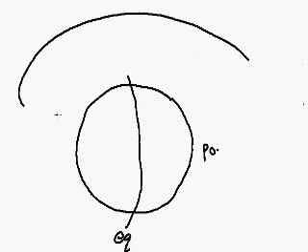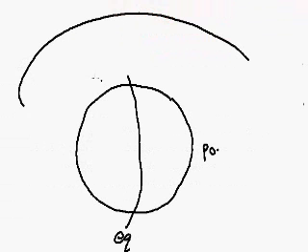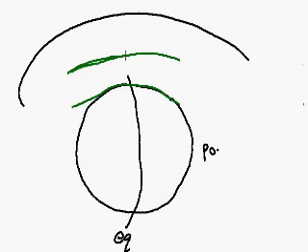Now, what is the concept we saw? It decreases from equator towards pole. So suppose this is the layer of the troposphere, it will be like this actually, but it decreases towards the pole.